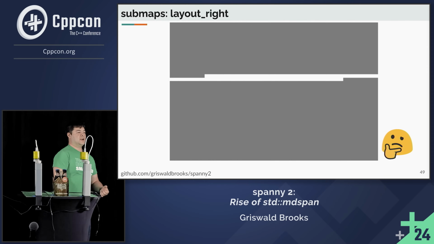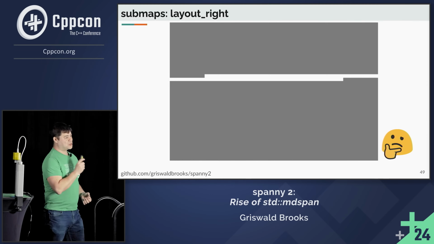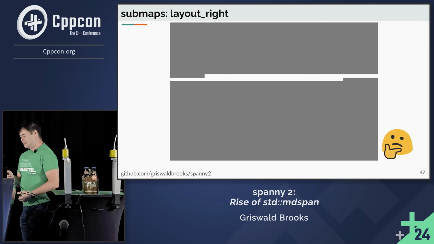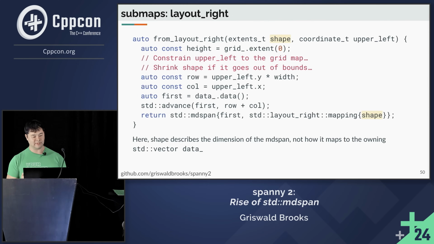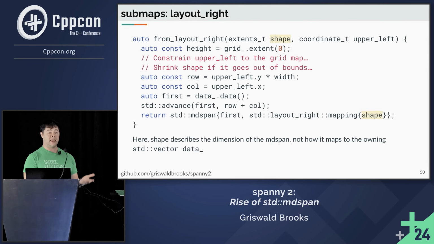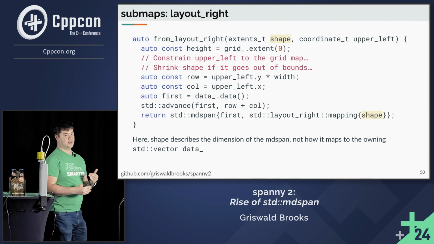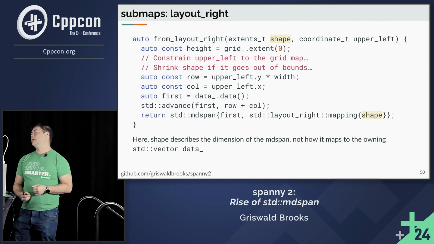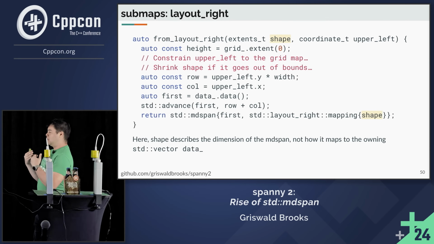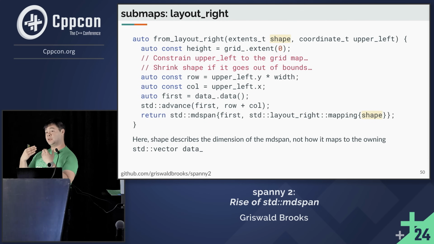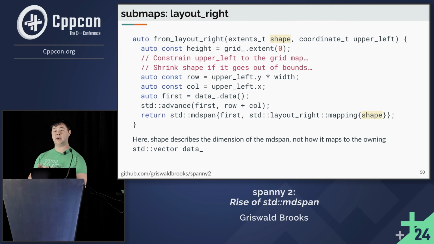That doesn't look like a square to me. I feel like there's square things about it, but it's not quite a square. Something went wrong. Well, when we gave it the shape and we were building this mdspan that's of layout right, what we're saying is that when we use the span, we treat the span as if it is this 10 by 10.